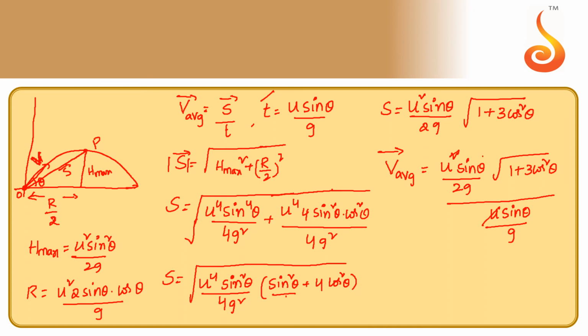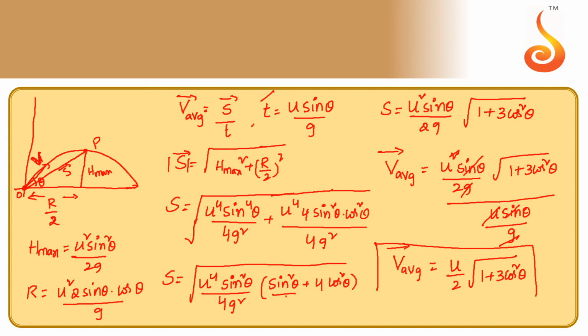U square gets cancelled, sine theta gets cancelled, g gets cancelled. Therefore average velocity is equal to u by 2 under root of 1 plus 3 cos square theta. This will be the average velocity of the projectile when the projectile reaches the maximum point or highest point.